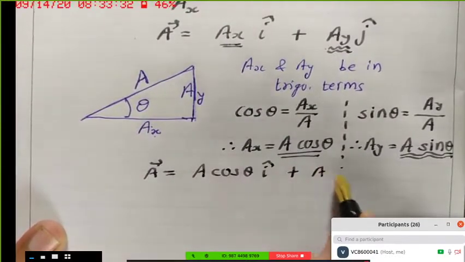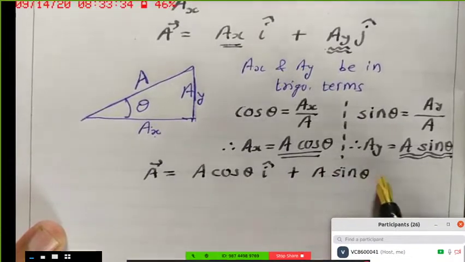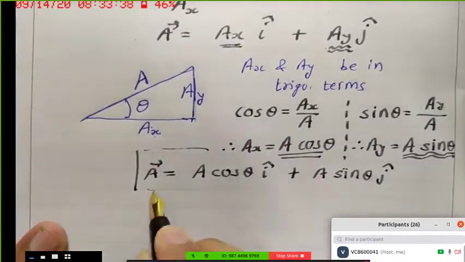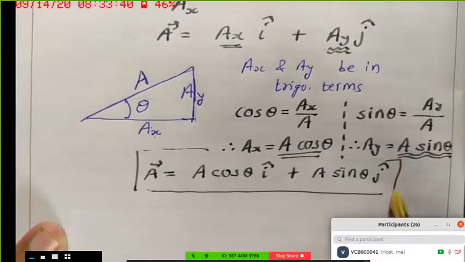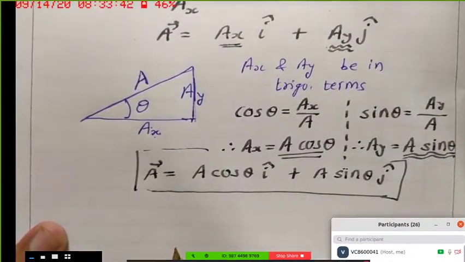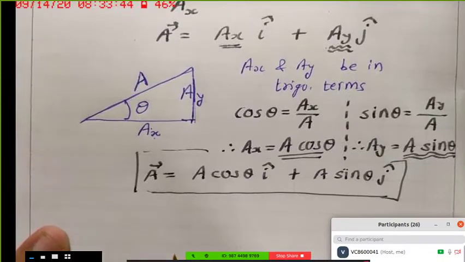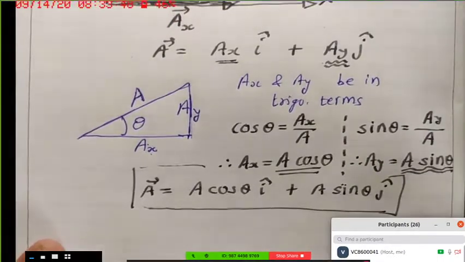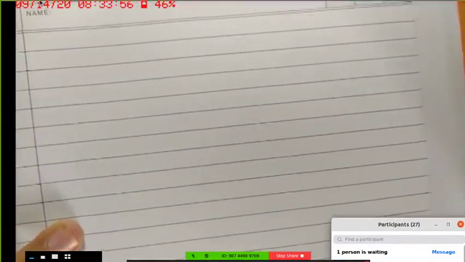If you know this, good enough. Any doubt? No, sir. Now, is the vector playing with you, or are you playing with the vector? We are playing with the vector.